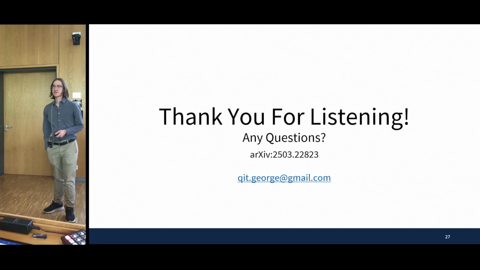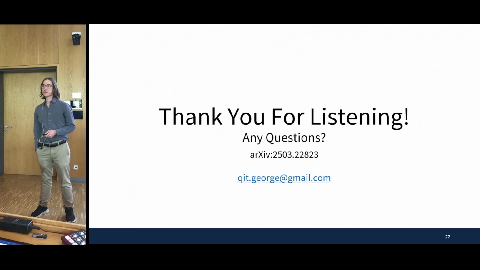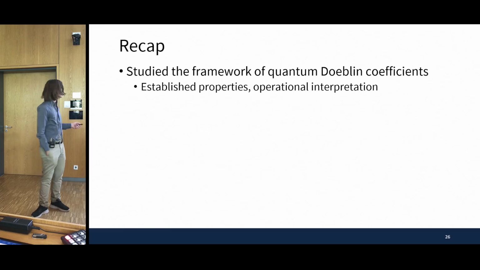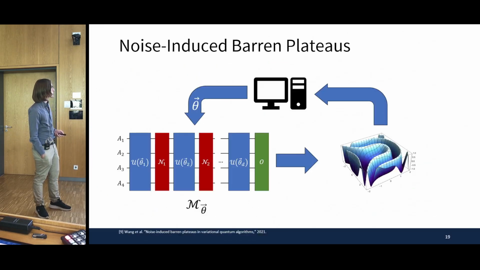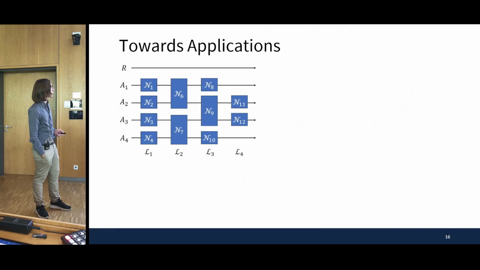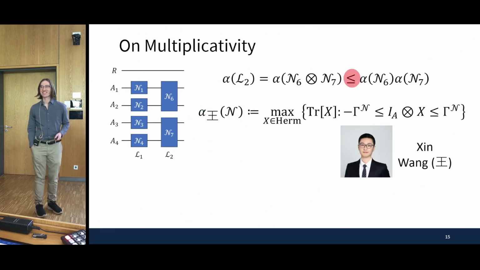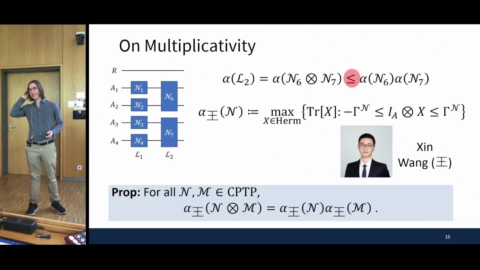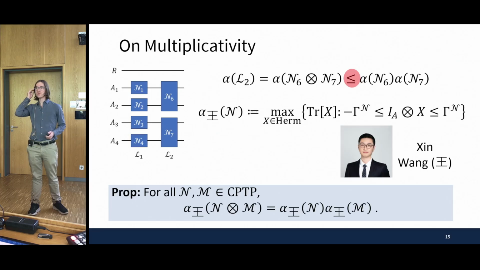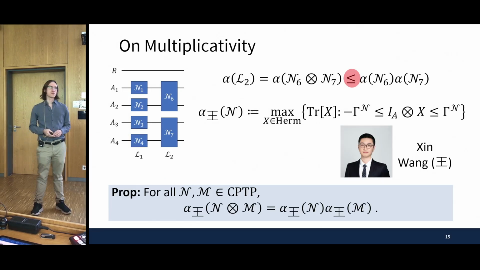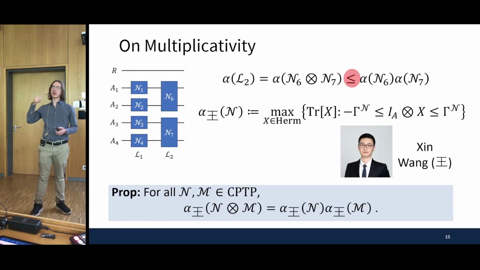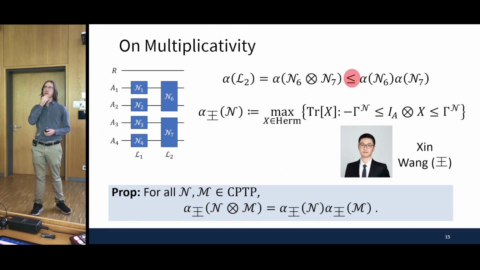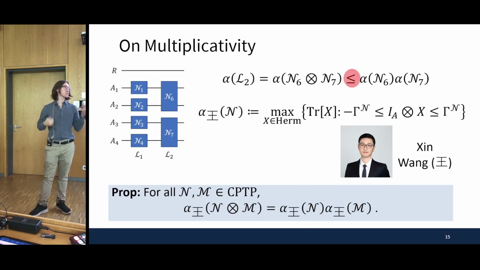Can I ask a question about this alpha 1 quantity? Can you go to that slide? Okay. For what type of channel does this one give you non-trivial contraction? I don't know if we looked into it that much. I mean, that shouldn't really be the barrier though, right? Because it's not like it's additive.